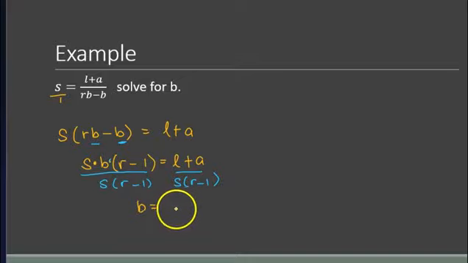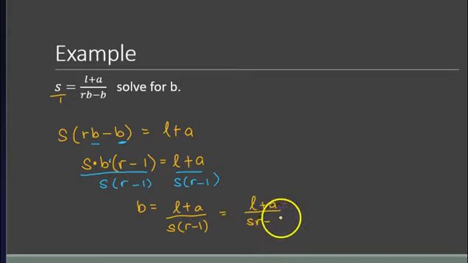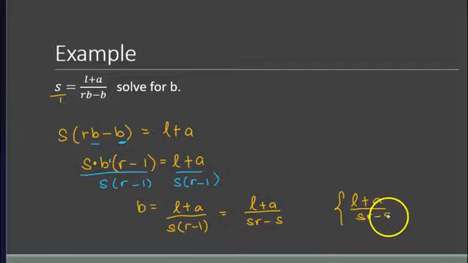So we have our b: L plus A over S times R minus 1. Or you can also distribute your S in your final answer, which should be better. There you go. So our solution is L plus A over SR minus S.